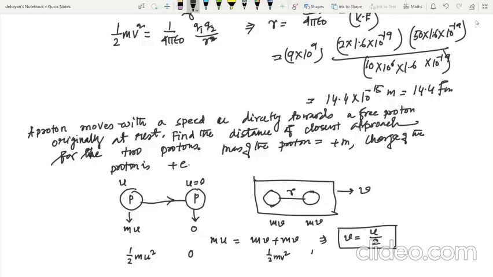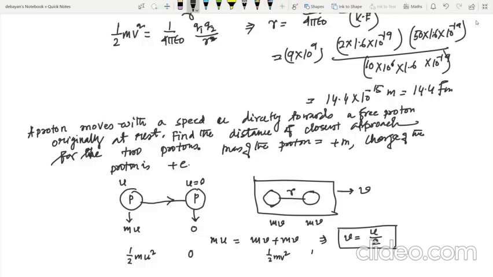Since they are separated by some distance r and have the same charges, an electrostatic potential energy e square by r appears. Equating, half of mu square equals half of mv square plus half of mv square plus 1 by 4 pi epsilon naught e square by r.